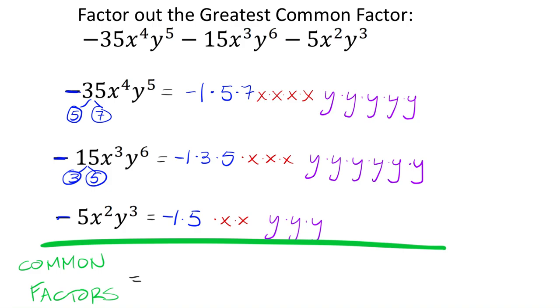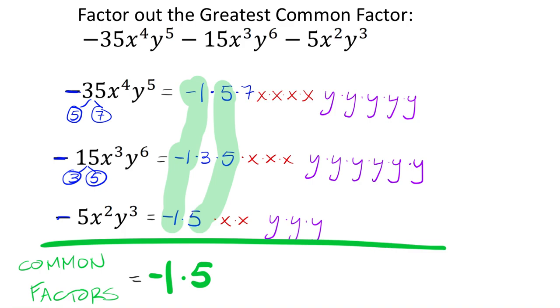Again, I'm just going to notice right off the bat that I have a negative 1 for all 3 of the terms. So I'm going to write this in as its own common factor. The next common factor I see is going to be this set of 3 5s, so we're going to multiply that. There's another common factor.